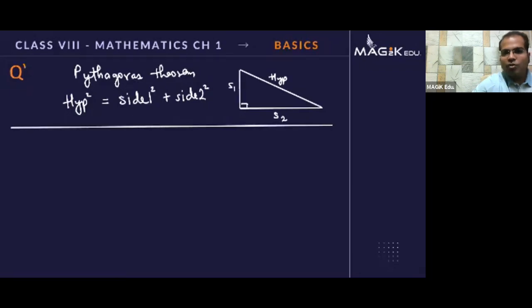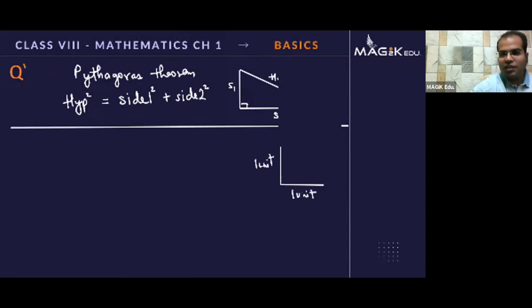Now, I have a small question to ask. If I make a right triangle with the following dimensions, 1 unit and 1 unit. This is 1 unit and this is also 1 unit. What do you think would be the length of the hypotenuse? Let's find it out. Let me mark the hypotenuse as h.